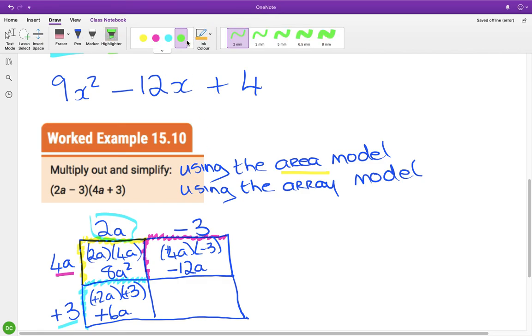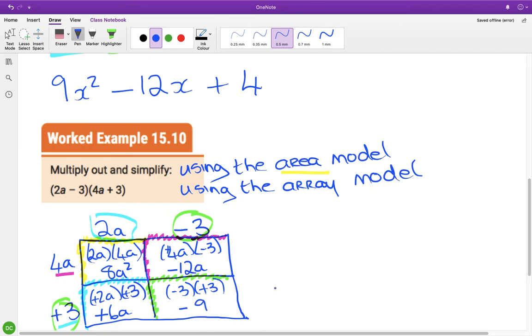And then the last one, probably getting the hang of it by now, this is the length, which is this. This is the width, which is this. So to do the multiplication, it's minus 3 by plus 3. Signs are different, which gives me a minus, and 3 by 3 is 9.